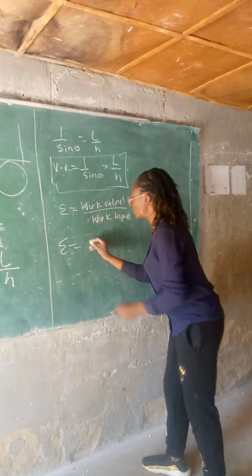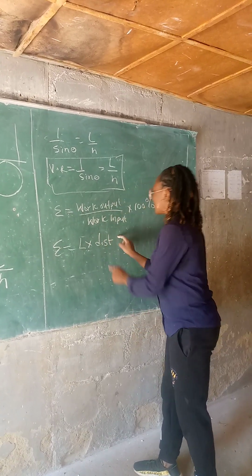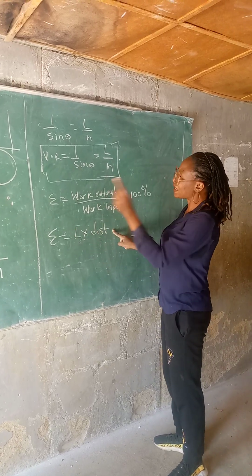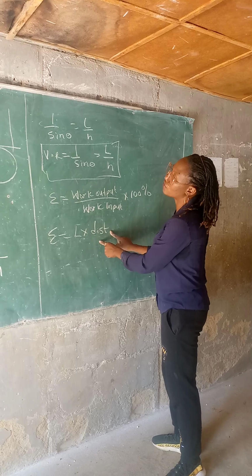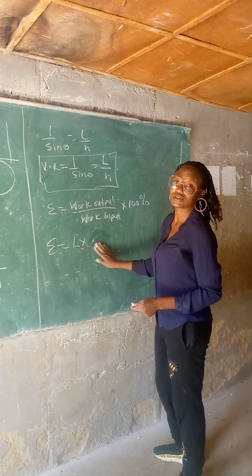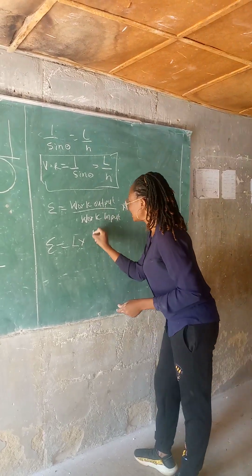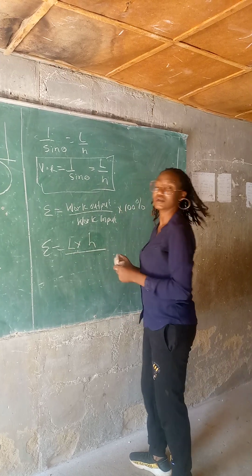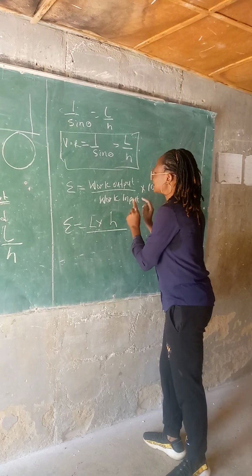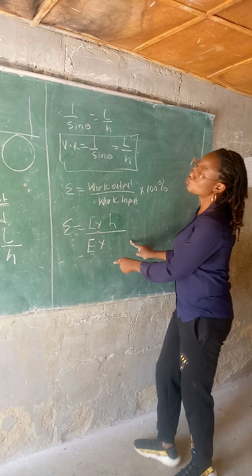So now we have work output. I told you it has to do with load, so it means load times distance moved by load. But in an inclined plane, the distance moved by the load is seen as H. Then work input has everything to do with effort, which is effort times distance moved by effort.